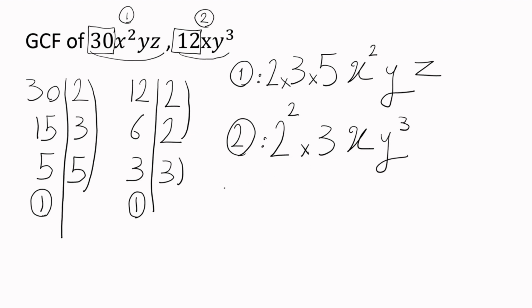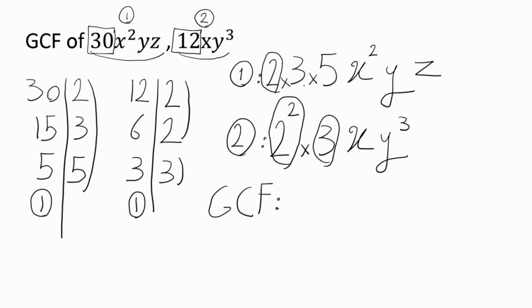Now let's calculate GCF with each other. What should I do for calculating GCF? I must find common factors between these two terms. So as you can see, 2 is common between them. 3 is common between them. 5. Is 5 common between them?